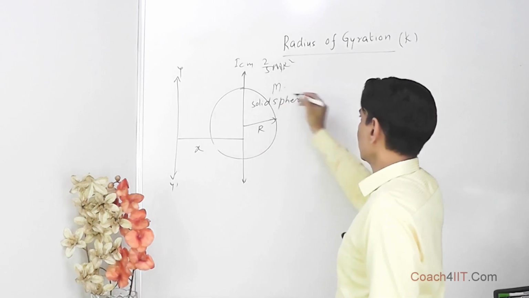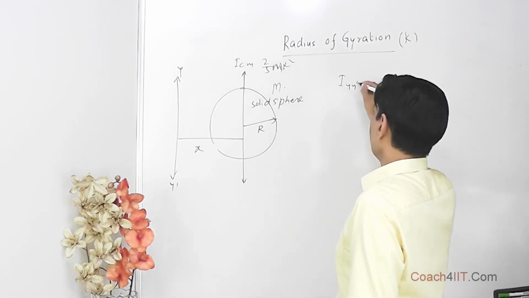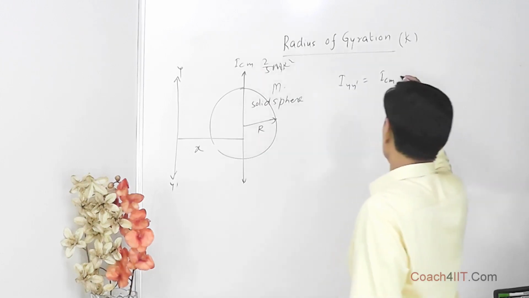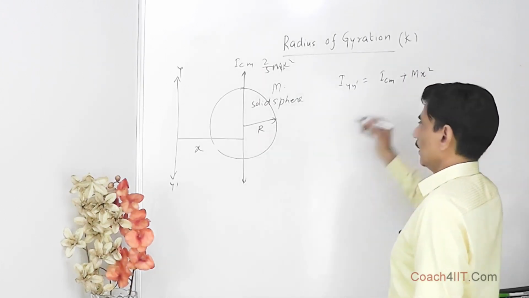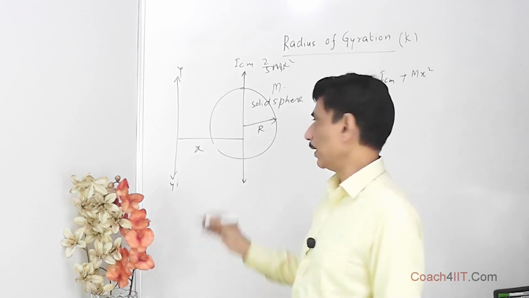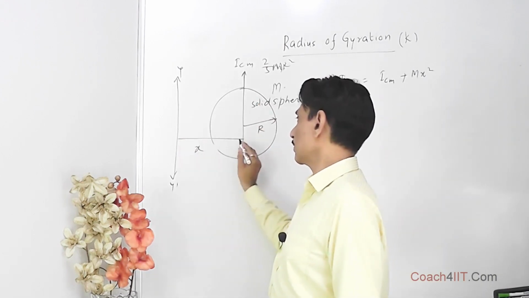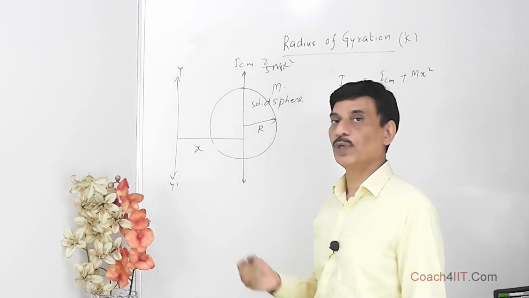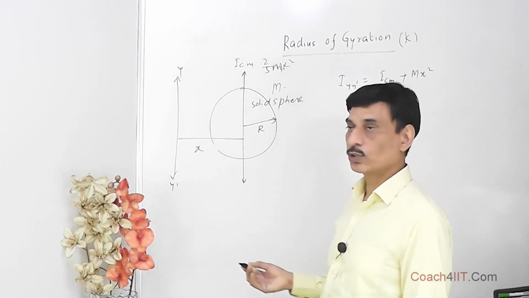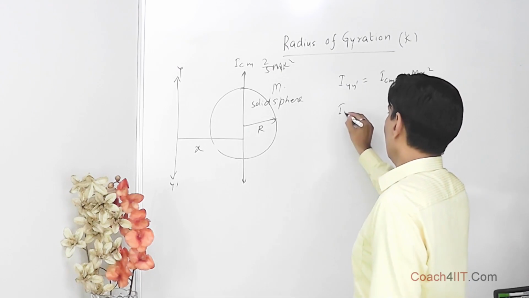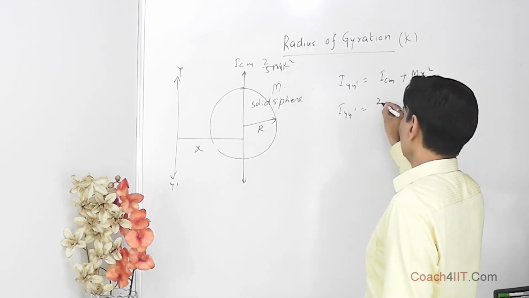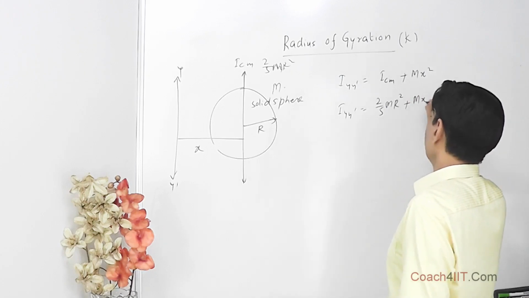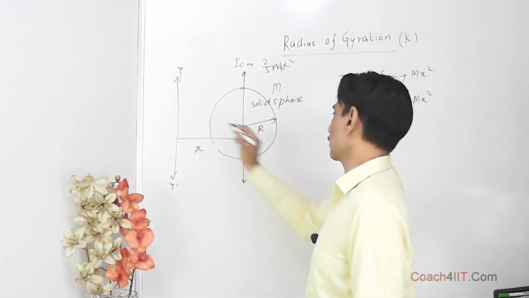Like over here in this case, we know that Iy dash is equal to ICM plus m into x square, that is the parallel axis theorem, where m is the mass of the body and x is the distance between these two parallel axes, and we know this axis is passing through the center of mass, so we can very well apply the parallel axis theorem. So Iy dash is going to be equal to ICM, which is for the solid sphere 2 by 5 mr square, plus mx square.